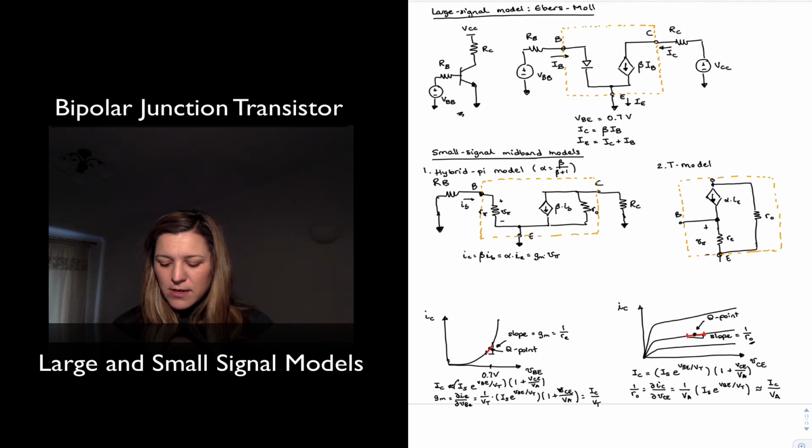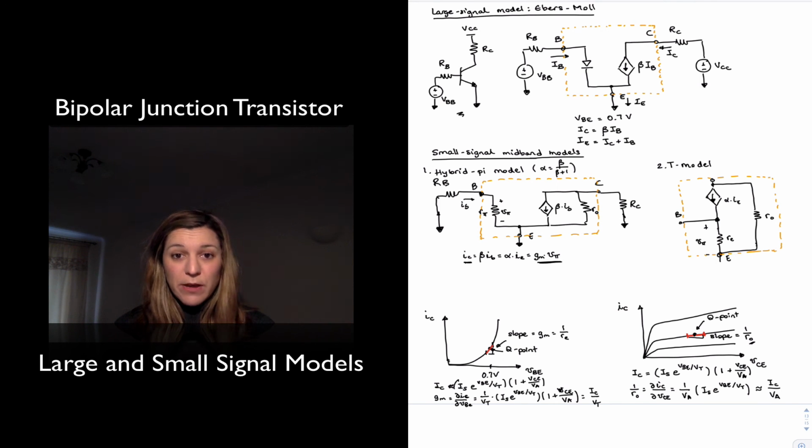And in this case, that relationship between input voltage and output current is represented here. Notice that we said IC equals gm, the small signal transconductance, times the input voltage V pi, which is none other than little vbe. I probably should have written that somewhere.